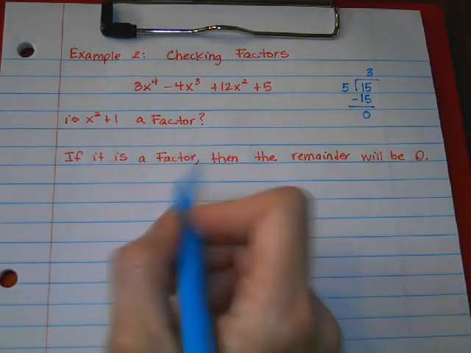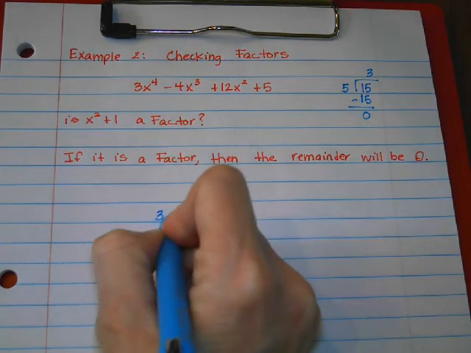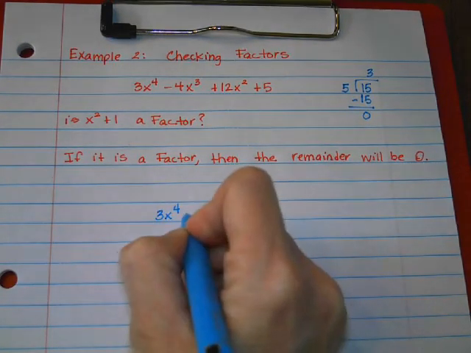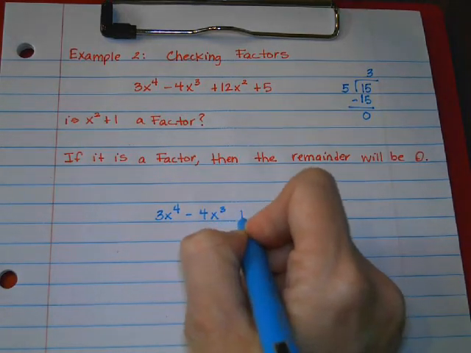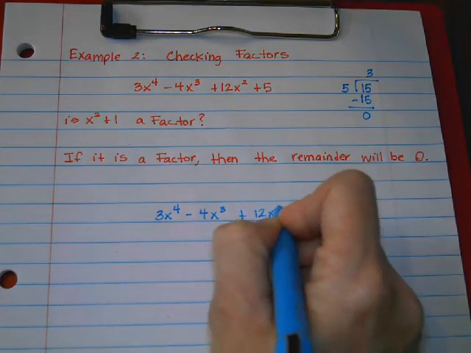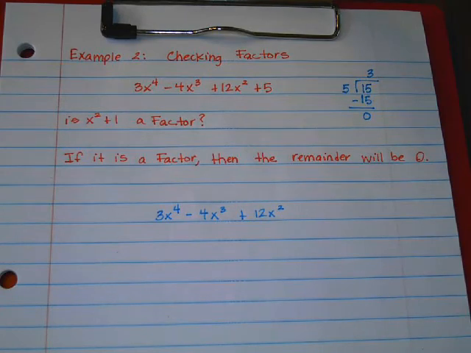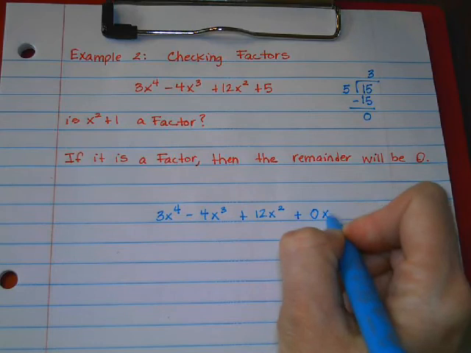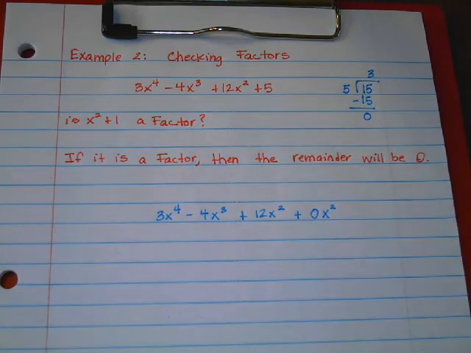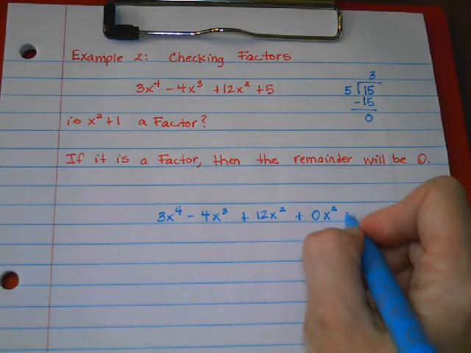We got our 3x to the 4th. We have our negative 4x to the 3rd. We have our positive 12x squared. But we do not have any x to the 1st, so we got to show that. I always just put plus 0x squared. And then we put our constant of 5.